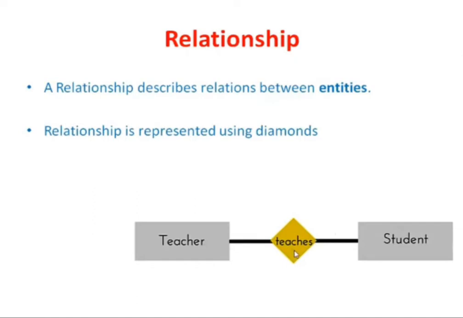So this is the relationship. The relationship can be represented using this particular form. Of course, we need to mention what he does as well, so that anybody can understand the meaning of this ER diagram representation.